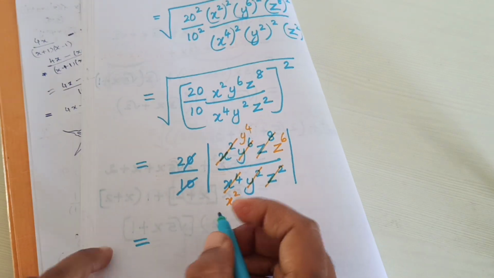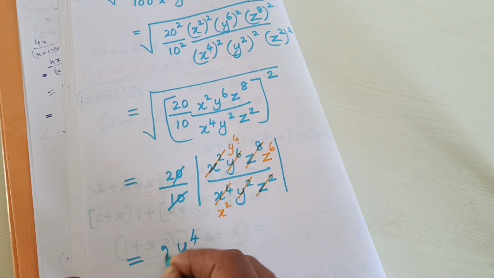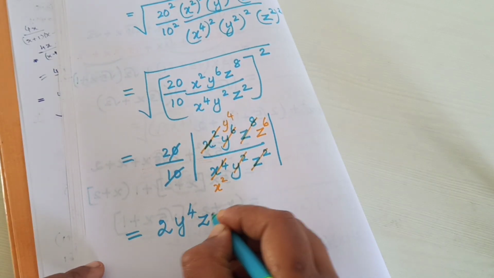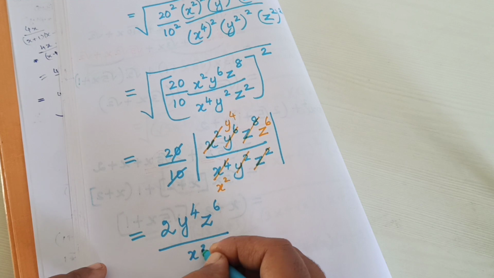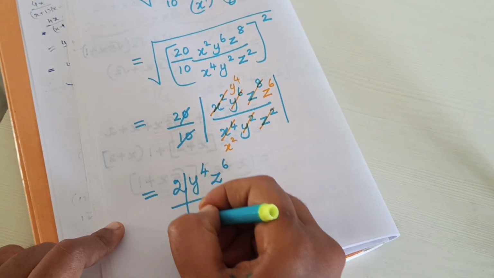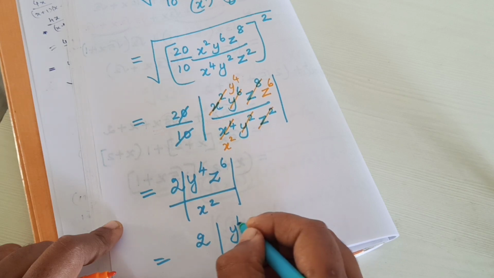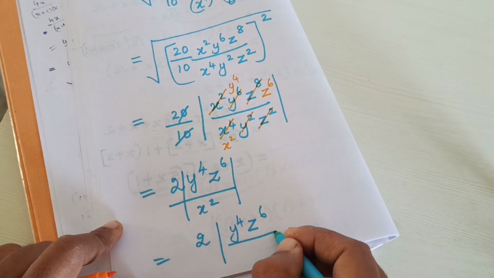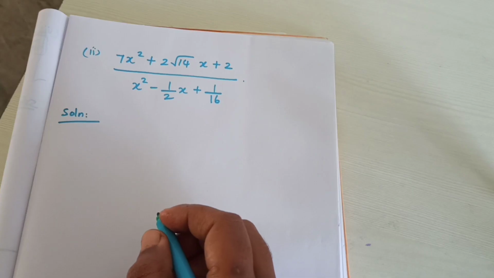So what will be the answer? Here no x term. y power 4. 2 into y power 4 z power 6 divided by x square. And modulus also we need to put, no? So the final answer is 2 into modulus of y power 4 z power 6 by x square. That's all. Okay, listen.